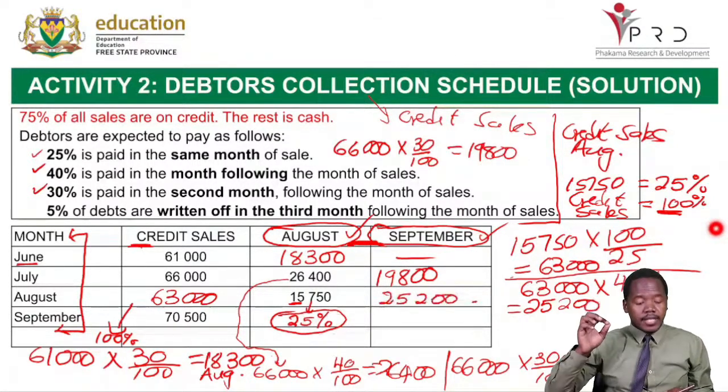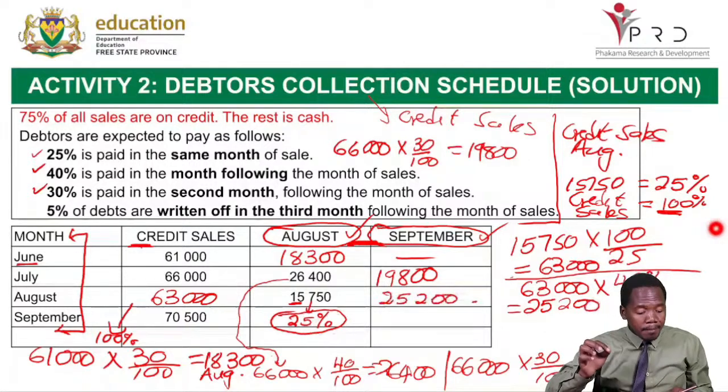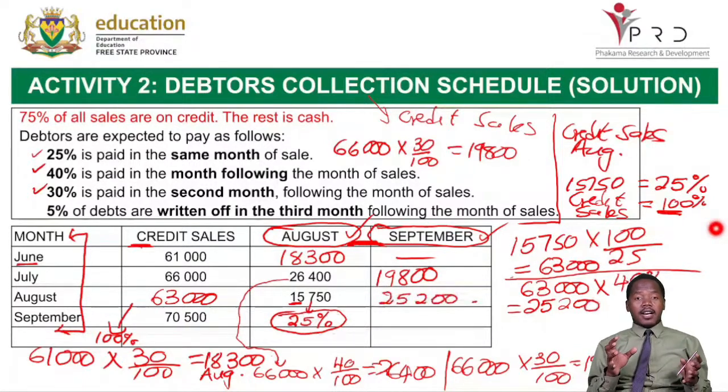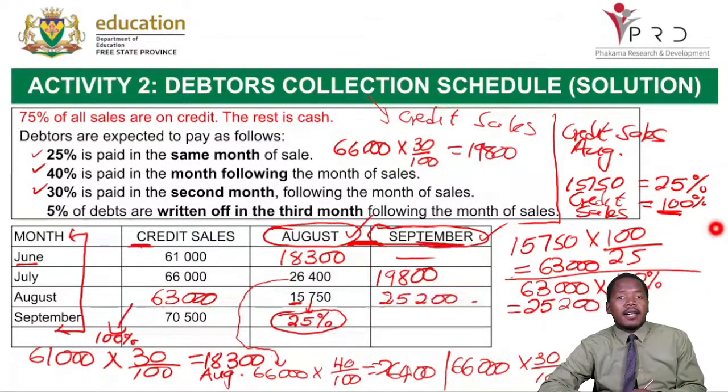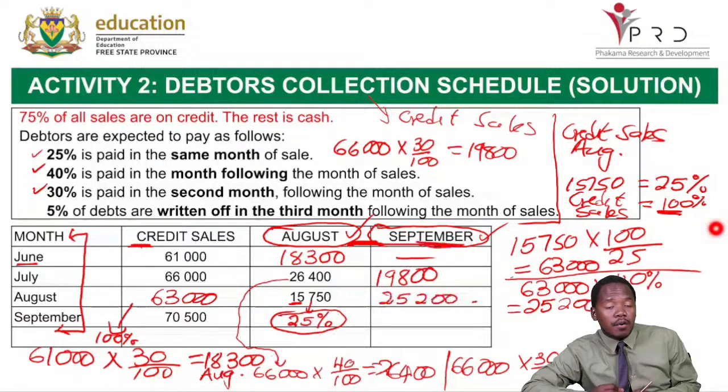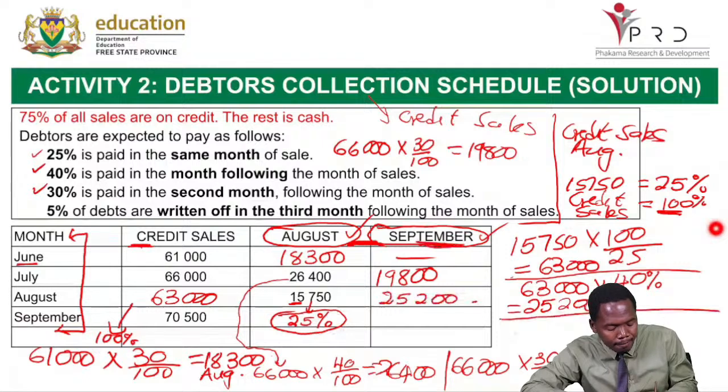Okay, and then we come to September now. For our September, it is the month of sale. We start collecting in September. Fortunately, we do have September in our collection forecast months. So what are we starting with? We start with 25%.